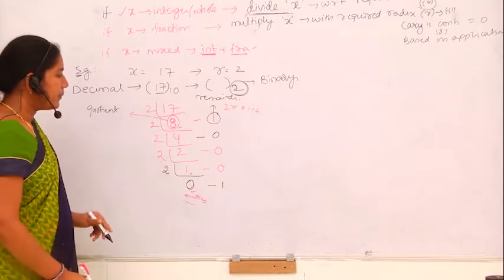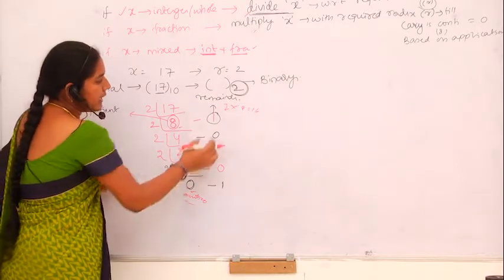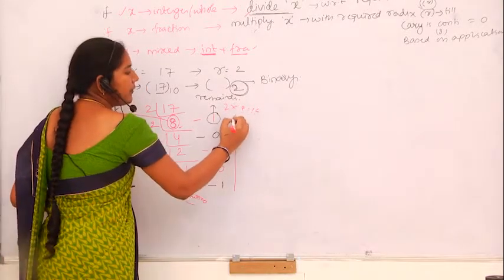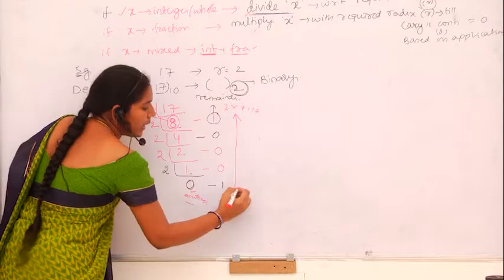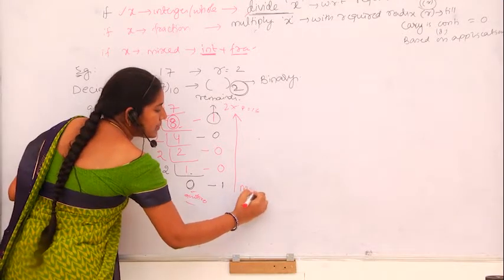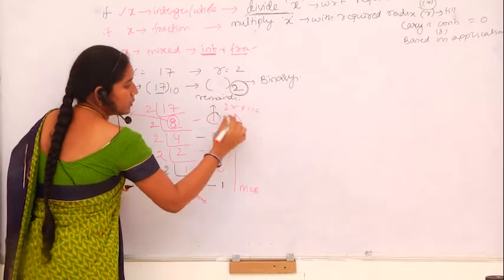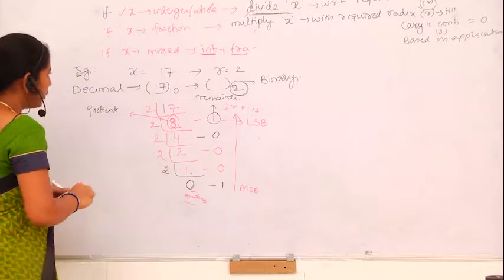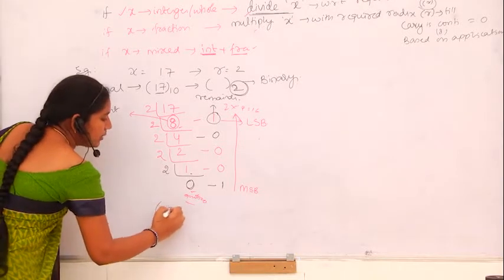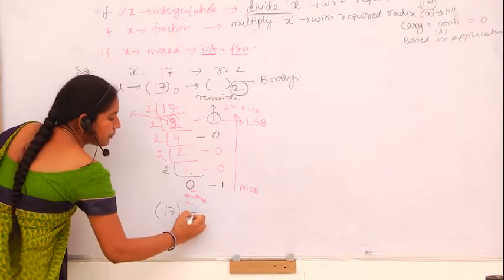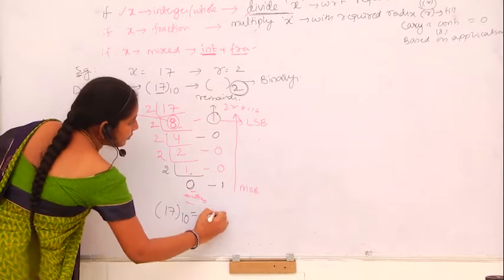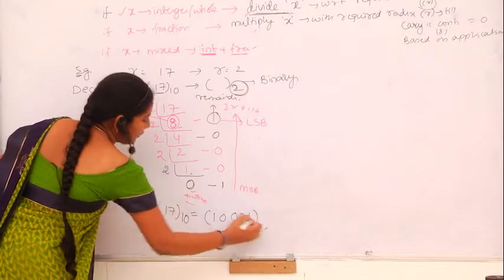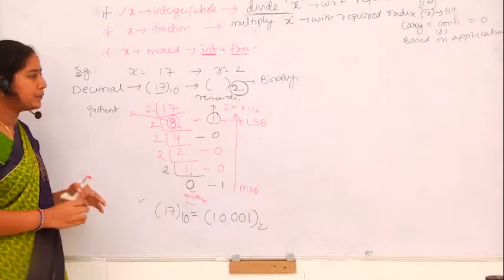After this division, to get the equivalent, consider only the remainder part in upward direction. It means this 1 is the MSB bit and this one is the LSB bit. So, 17 of decimal equals 10001 of binary value.